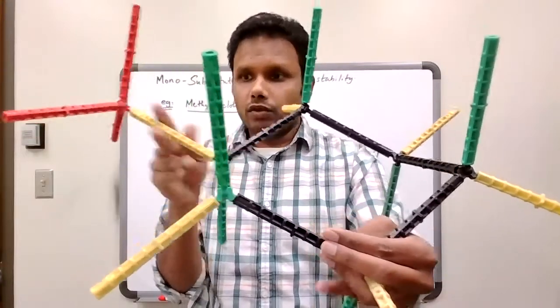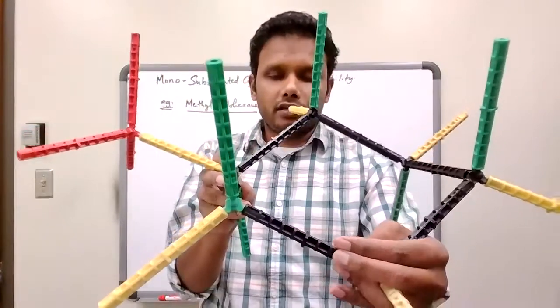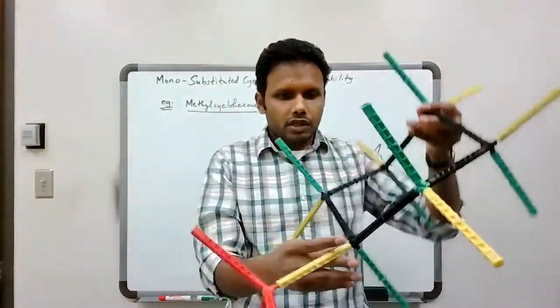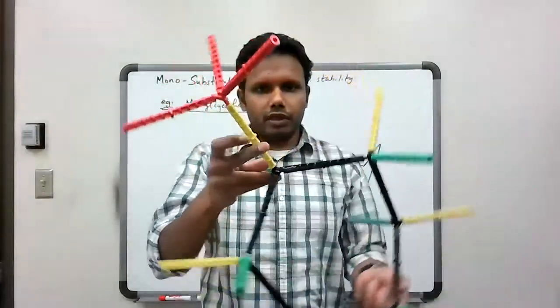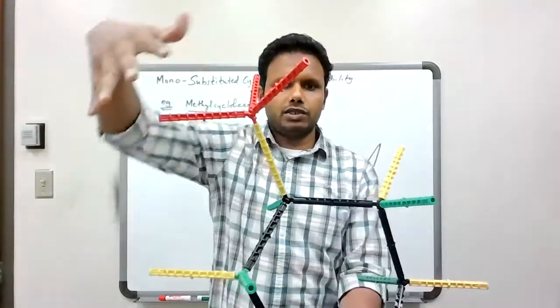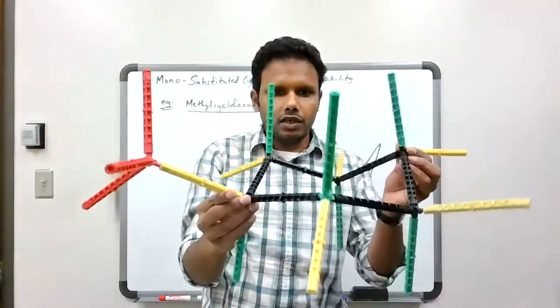So the methyl group in an equatorial position seems better than in the axial position. Additionally, notice how the equatorial position is more roomy in some sense. There are no other groups in this region, so there are no 1,3 diaxial interactions.